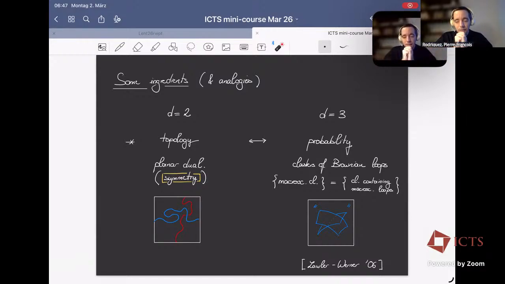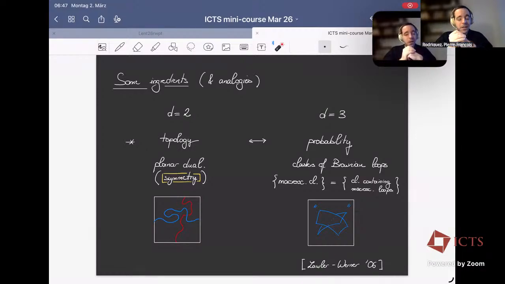And what happens is that in low dimension, for instance in dimension 3, the clusters that are big in your percolation model at the critical value a equals 0 happen to be exactly the clusters that also contain macroscopic loops in your box.